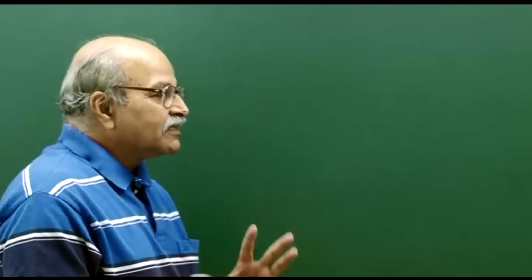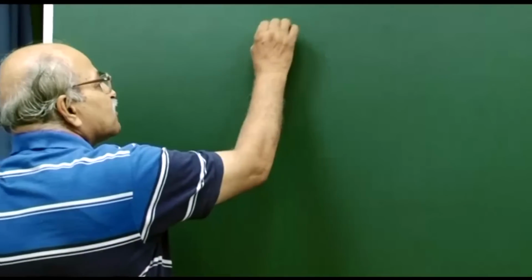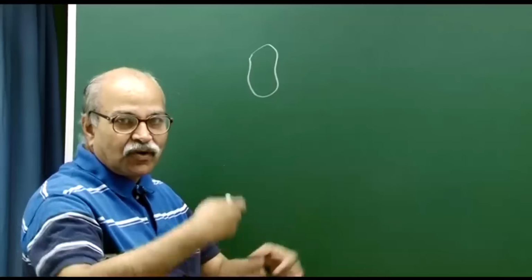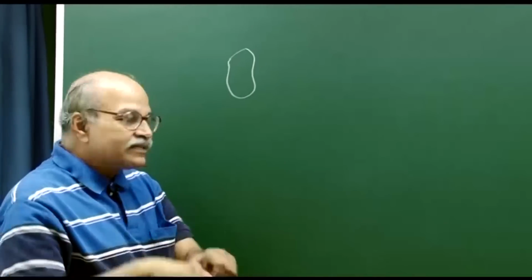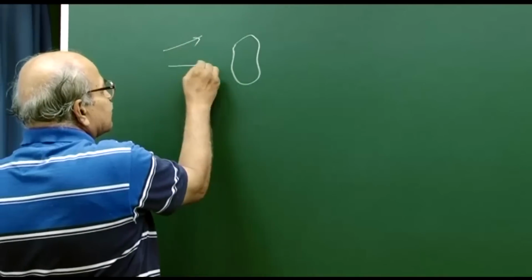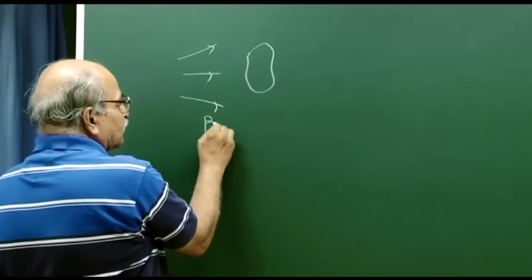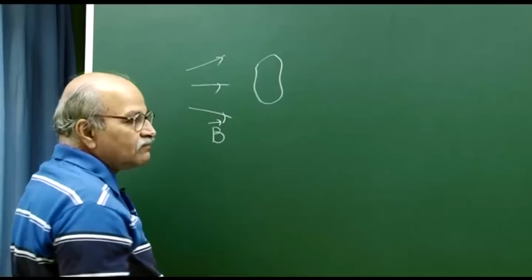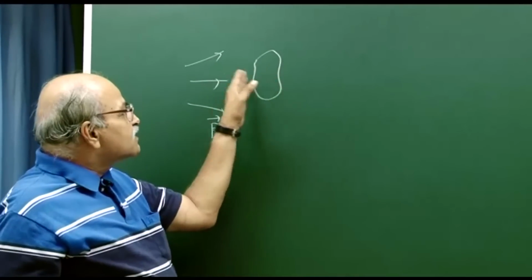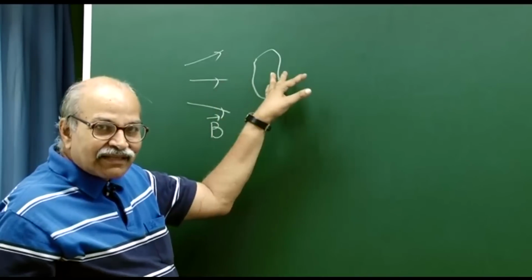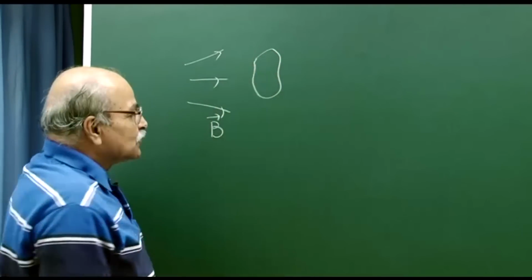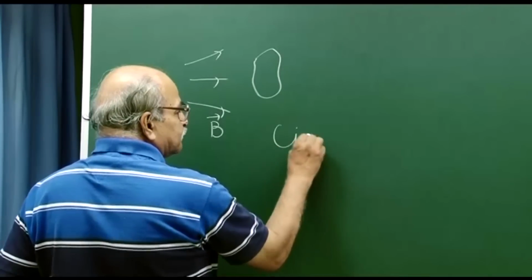We started with a circuit, some kind of circuit, could be a solenoid or a coil, but finally it is a closed circuit, and you have some kind of magnetic field. If I move this circuit in this magnetic field, I see that there is a current.